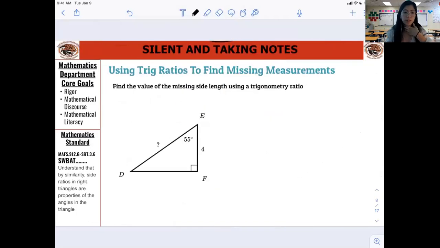One more on your own. So this time I'm not showing you which ratio you should use. Pick the ratio that makes the most sense for this problem. You could use cosine, sine, or tangent, but one of them is going to be the best one.